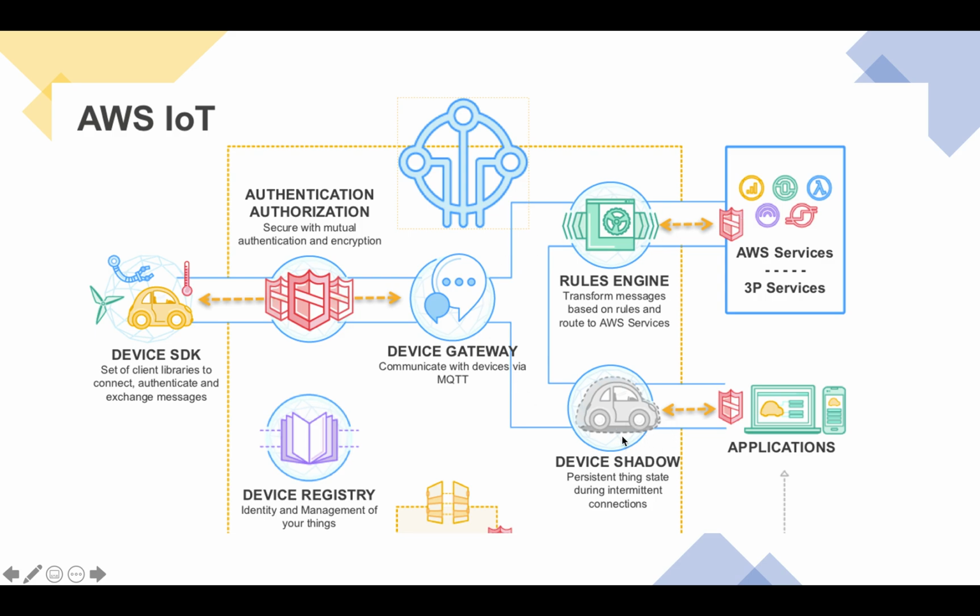Device shadow is another AWS IoT service that maintains the last known state of the actual device. If the device goes offline, the device shadow is still there, so applications trying to know the last known state of the device can get it from the device shadow stored within the AWS IoT service.